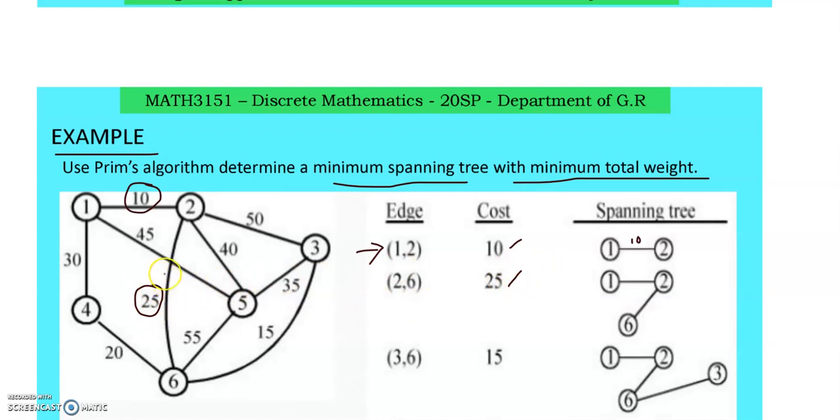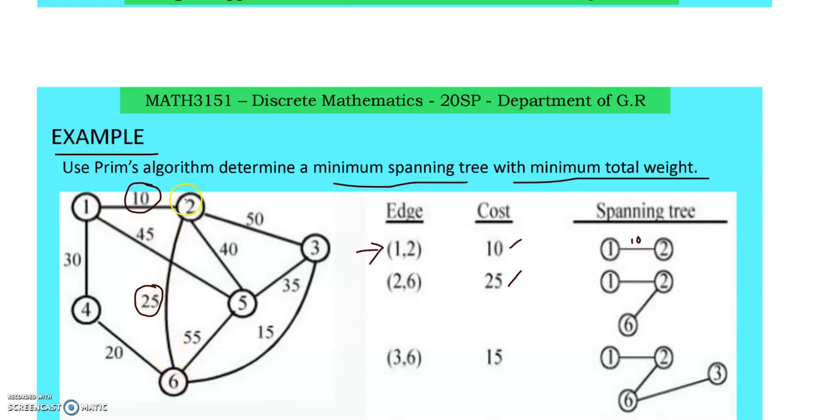And one more condition. See, first you have to check from 2, 1, 2, 3, and then from 1 to 5. So here this is connected. From this vertex we have an edge to 6. So this makes the tree that we have to confirm, 1, 2 and 2, 6.